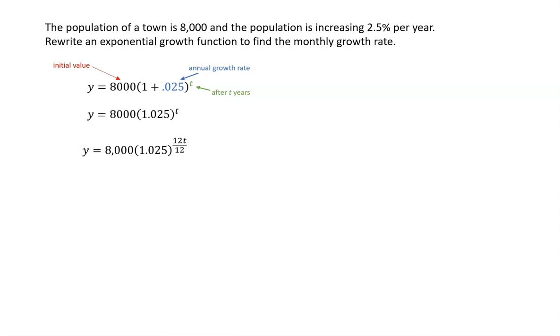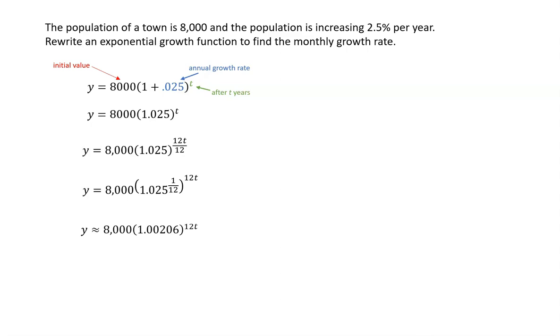And using the property of exponents, we know when you take a power to a power, you multiply the exponents. So that 12 over 12 could come from the 1.025 to the 1/12th, which would be the 1 month's growth, and then times t years times 12 times a year. So 1.025 to the 1/12th power is our monthly rate of growth.